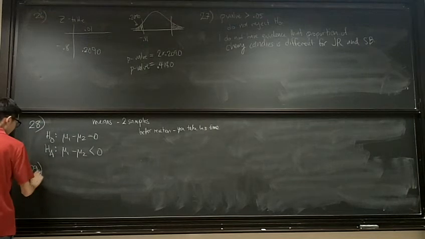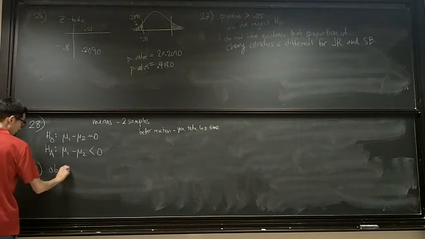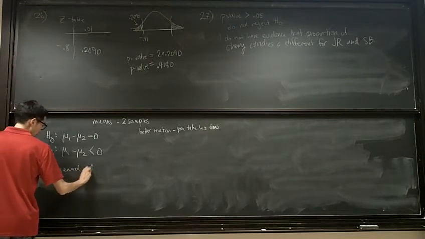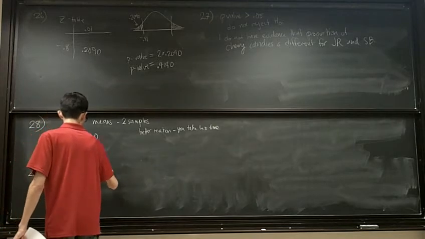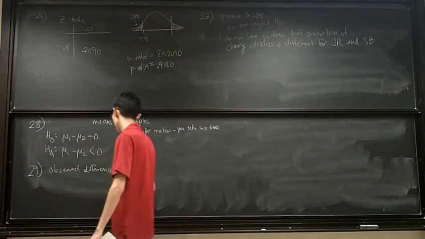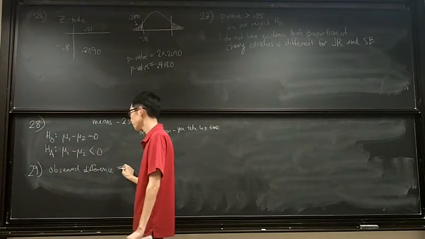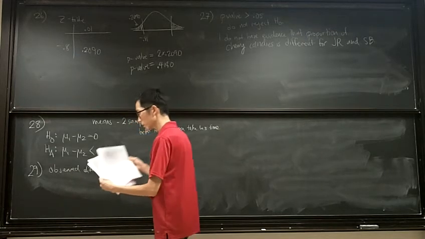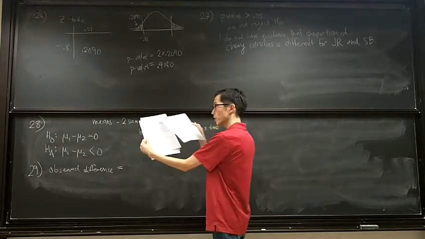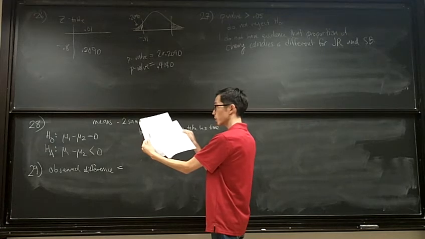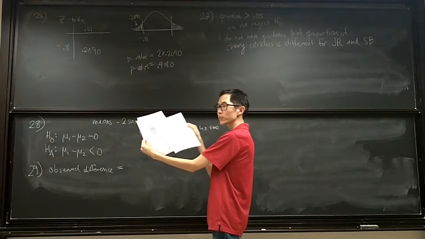What is the observed difference between means? Well, the observed difference, again, this appears in your study guide. Halfway down, the observed value, and under what is the test statistic?